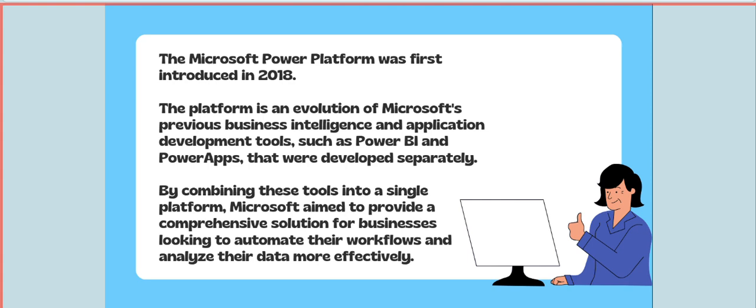First introduced in 2018, as you can see, it has evolved. I only got to know about it, I think, 2 or 3 years after it was fully packaged into the name Microsoft Power Platform. And it has been evolving ever since.